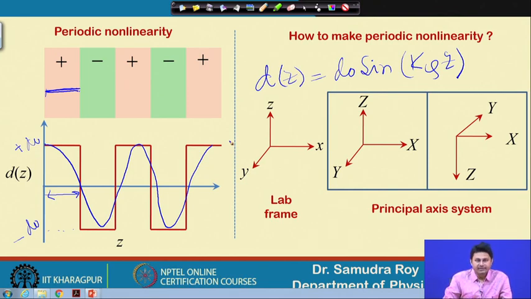So, we will handle this issue today, but before that we need to know how we make crystal positive D to negative D. That is important, because I am using the same crystal and I put these two parts of the crystal in such a way that in one portion of the crystal I have a positive D value and in another portion of the crystal we have negative D value. So, how one can make this, we need to find out.